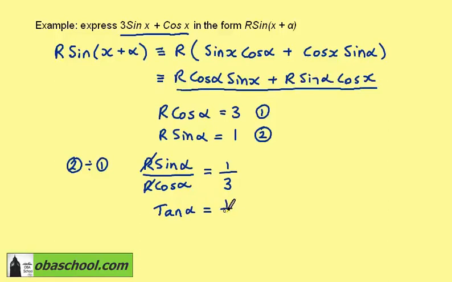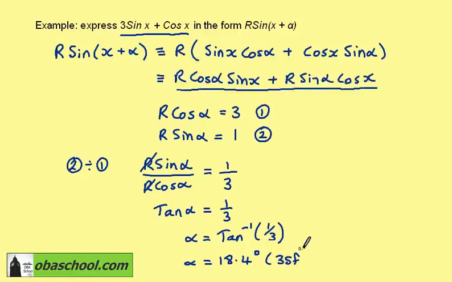So tan alpha is 1/3, and then alpha is the inverse tangent of 1/3, and this evaluates to give 18.4 degrees, correct to 3 significant figures.